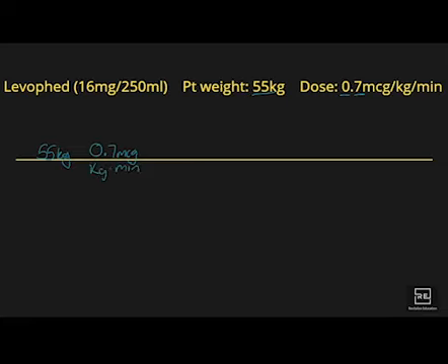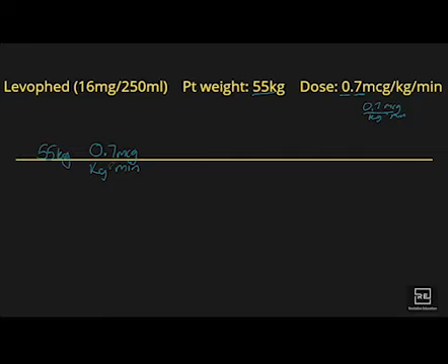The reason we do this is that you can rewrite it this way, because mics is divided by kilos and mics is also divided by minutes. So we're just rearranging it here on the opposite side of the division line.